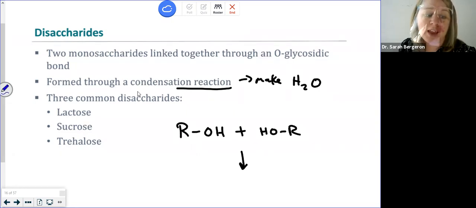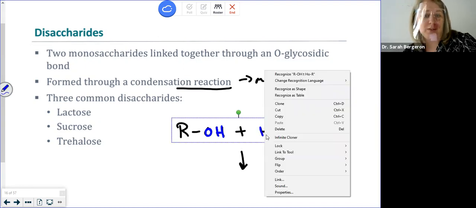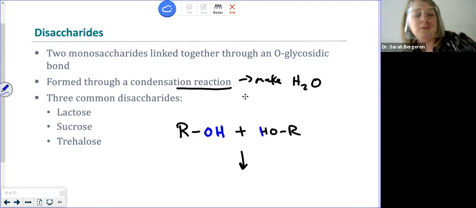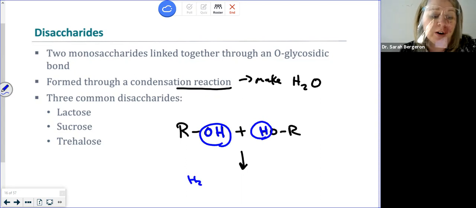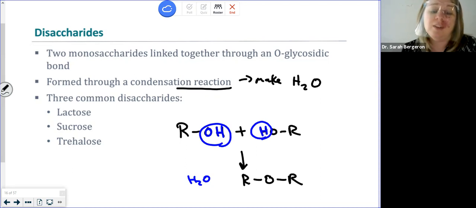It doesn't matter which one you take it from, you take a hydroxyl and you take a hydrogen, and from that, you take this away and you make water. And then what's left? R, O, R. That's an O-glycosidic bond. What are the R's? The sugars, right?